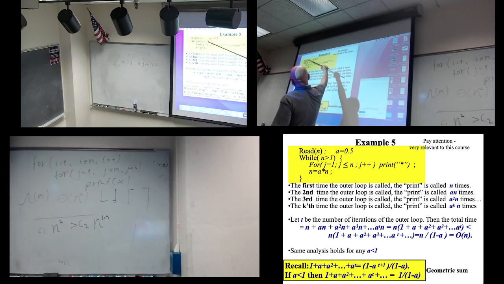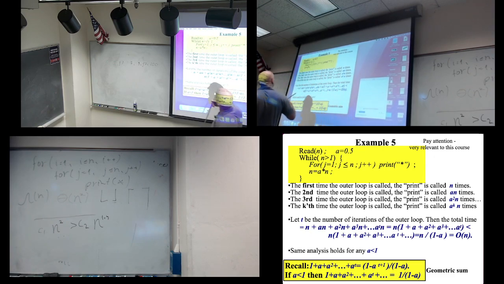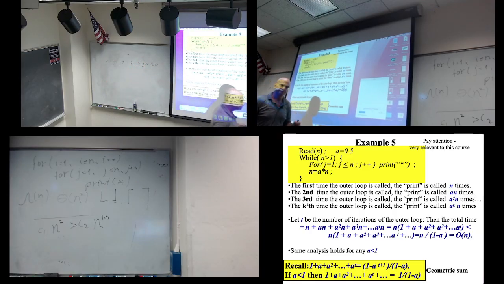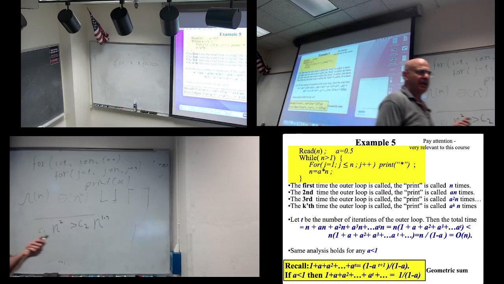And if n was 10, then after this iteration, n would be 5, then it would be 2.5, whatever it is when it's integer, and so on. Okay, and I do this iteration again, and again as long as n is larger than 1. And I'm asking again, what's the running time?